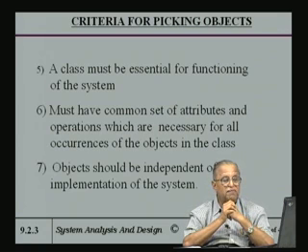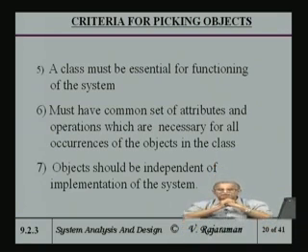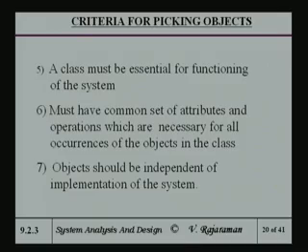Object should be independent of the implementation system. This is a cardinal rule. Particularly at the modeling time, implementation ideas are not at all relevant. Implementation ideas become relevant only when you start programming. So in this modeling, you don't worry about implementation.